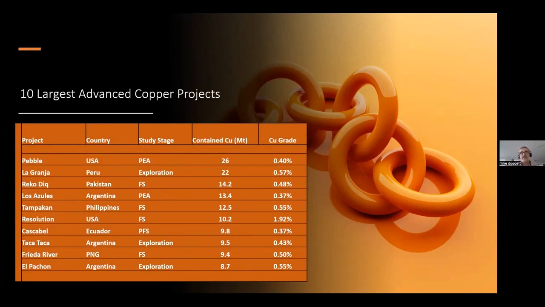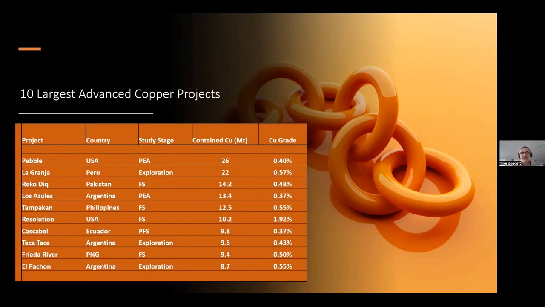And the first thing you should notice is that these projects, some of them are very big, 26 million tons of contained copper at the top, down to 8.7 million tons of contained copper at the bottom.